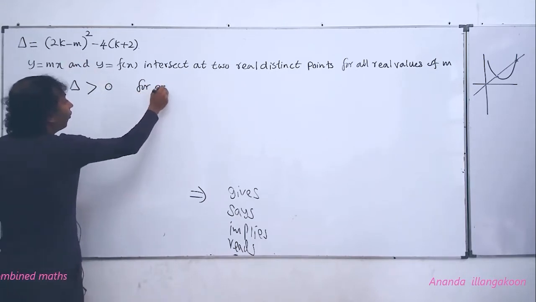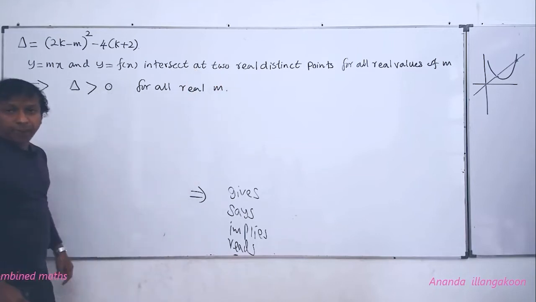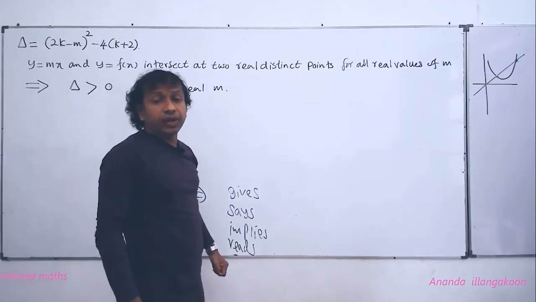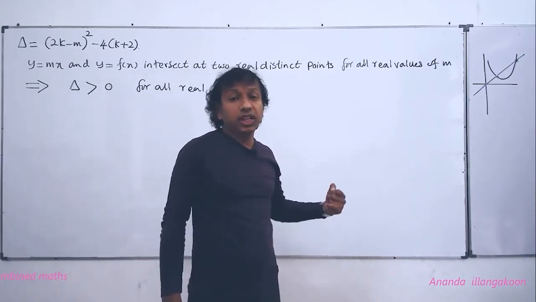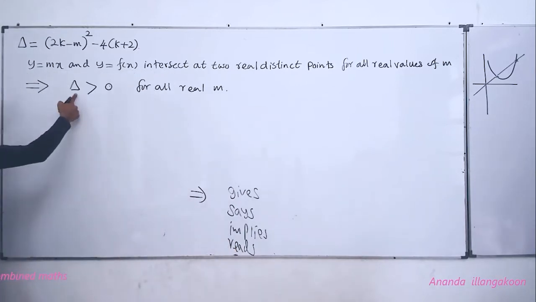For all real m. All real m means, people, here m is a real number. Whatever the real number m takes, this delta should be positive. Even what is delta? Is this?